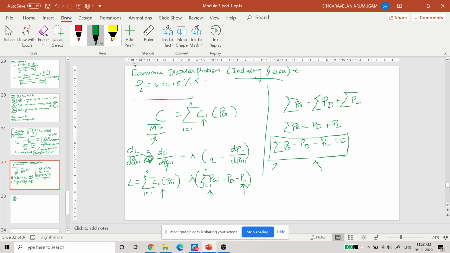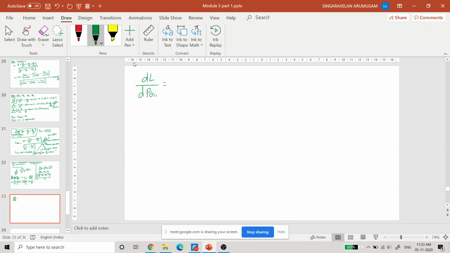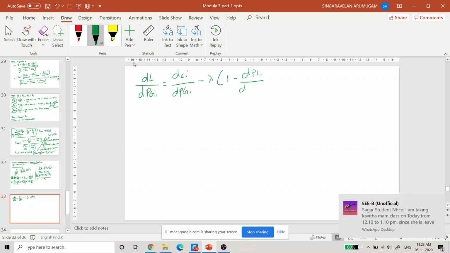If I take the same thing into the next page, I will get dCi divided by dPgi minus lambda times 1 minus dPL divided by dPgi. So this is my partial differentiation of this Lagrangian equation with respect to the power generator.